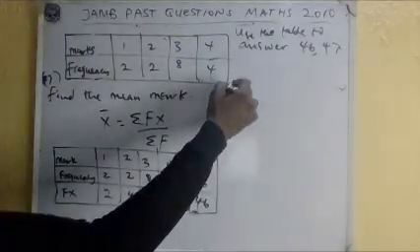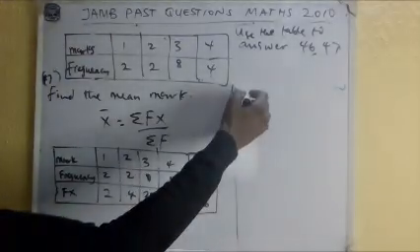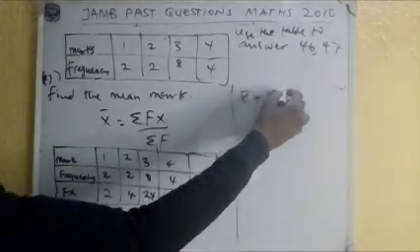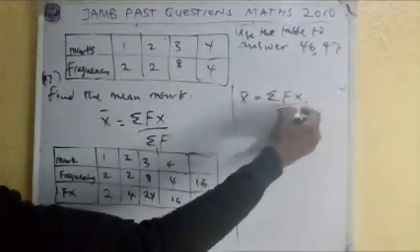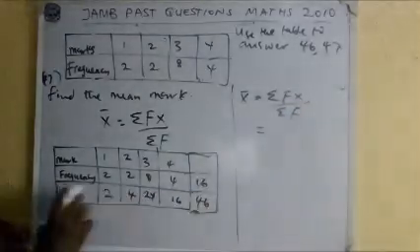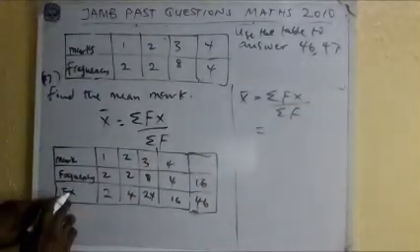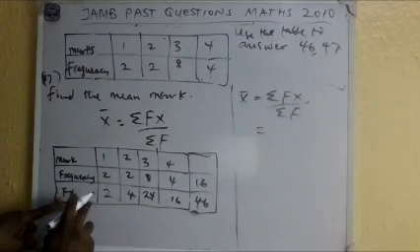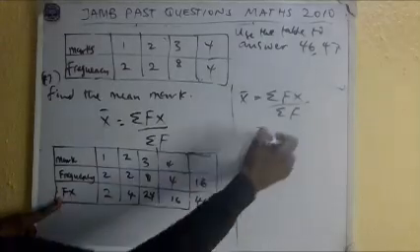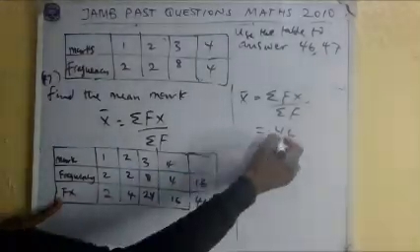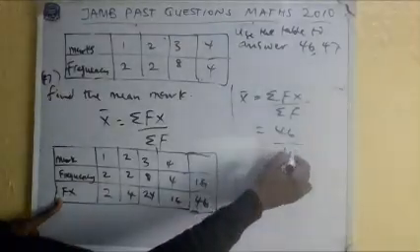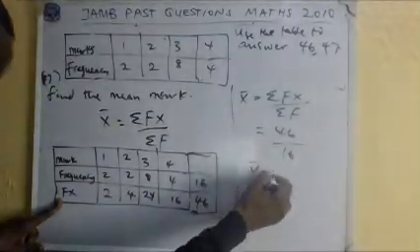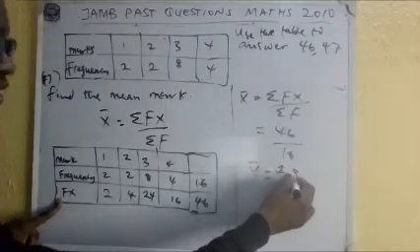Now, they say find the mean. Mean is sigma fx over sigma f. Sigma fx is the summation of the product of f and x, 46, and the frequency summation is 16. So the mean, if you compute, is 2.875.